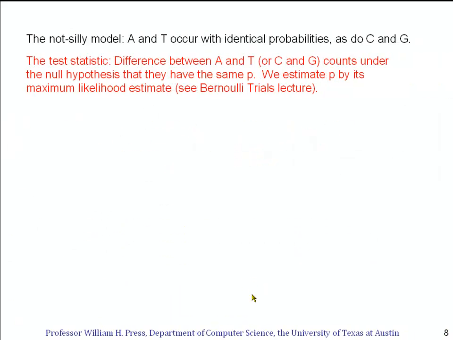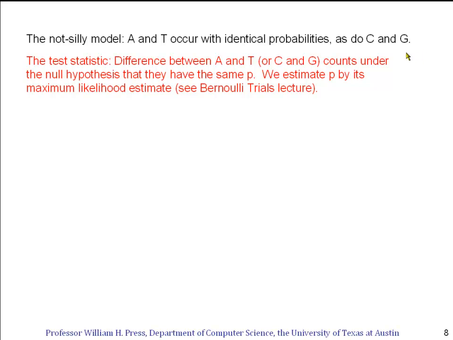So let's try a null hypothesis that might not be ruled out, that might be a reasonable hypothesis. And as we saw already, the counts of A's and T's seem suspiciously similar, and the counts of C's and G's seem suspiciously similar. So let's take as the null hypothesis that A and T occur with identical probabilities, and that C and G occur with some different identical probability.